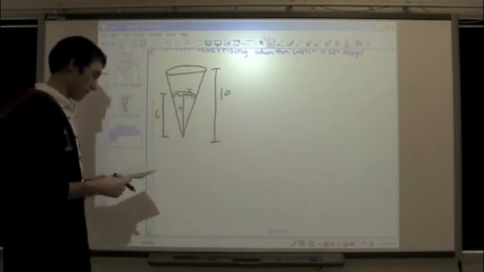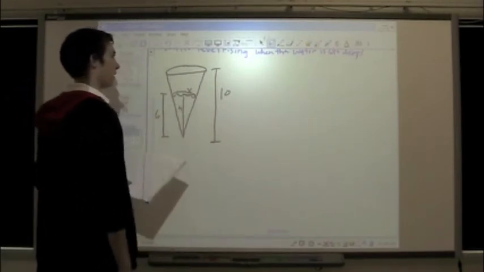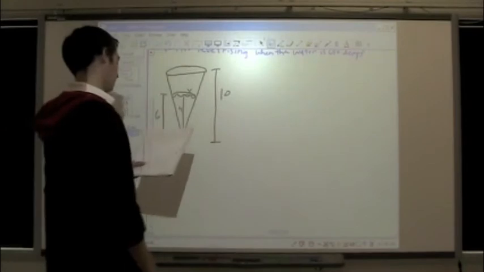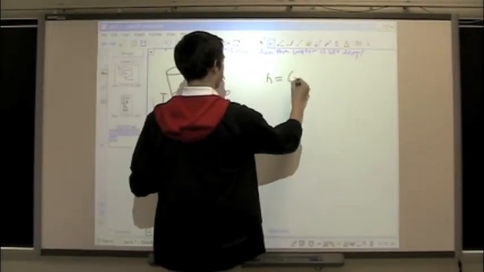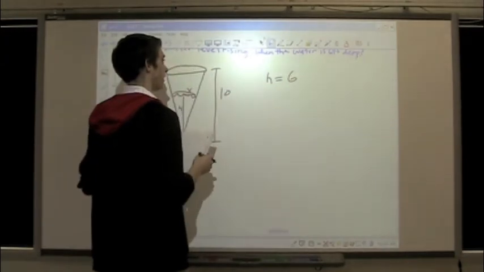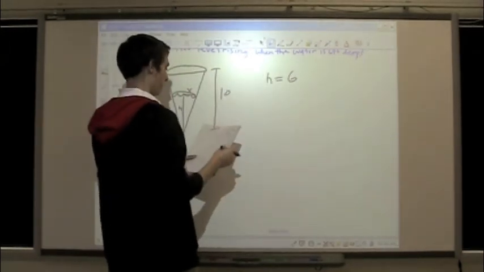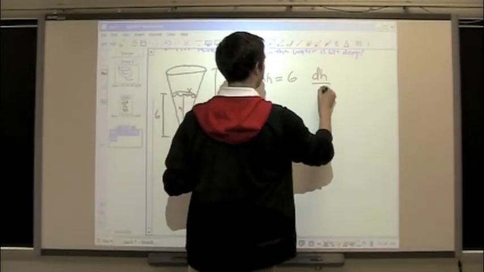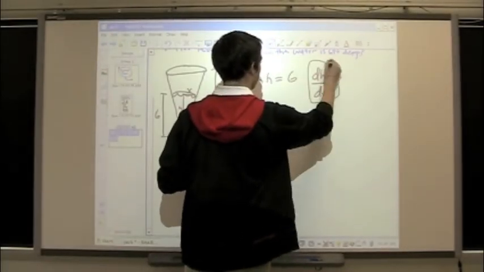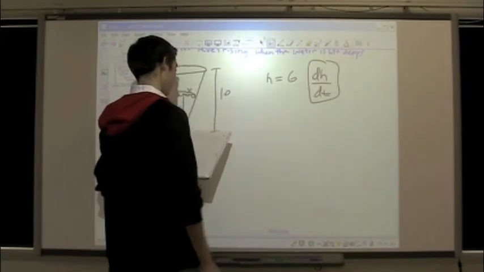Okay, so now we identify the variables that we know. We know h is equal to 6 at the point where we want to find how fast the water level is rising. But what we want to find is dh/dt. That's what we don't know and what we're trying to find.